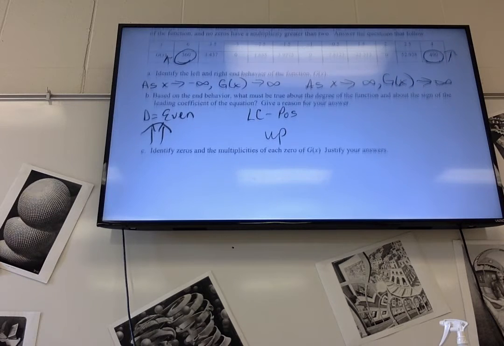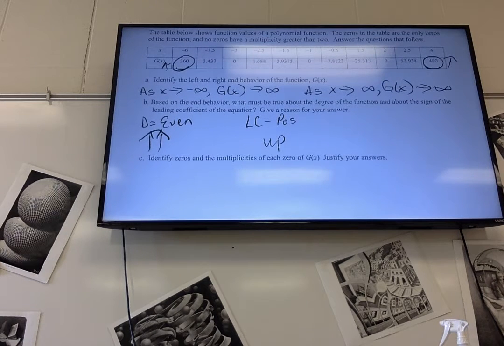All right. Identify zeros. Donna, give me some zeros. -3. And what would be the multiplicity of that? 2. Yes, very good, because these signs have not changed. So it's a multiplicity of 2.